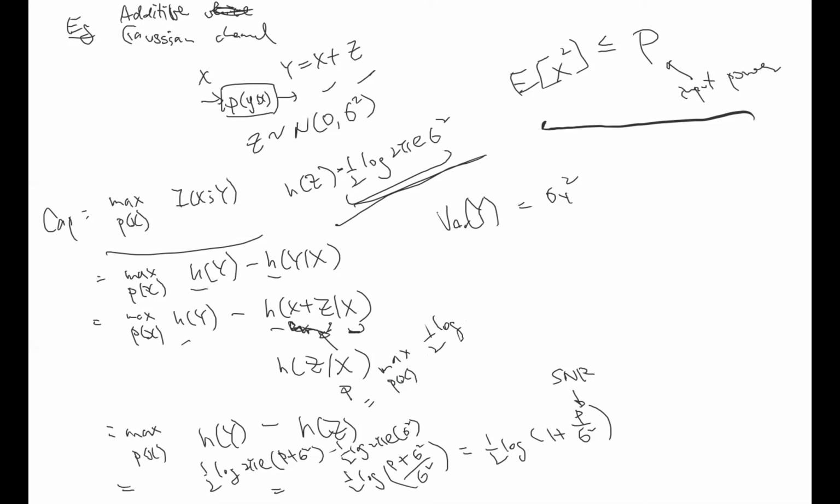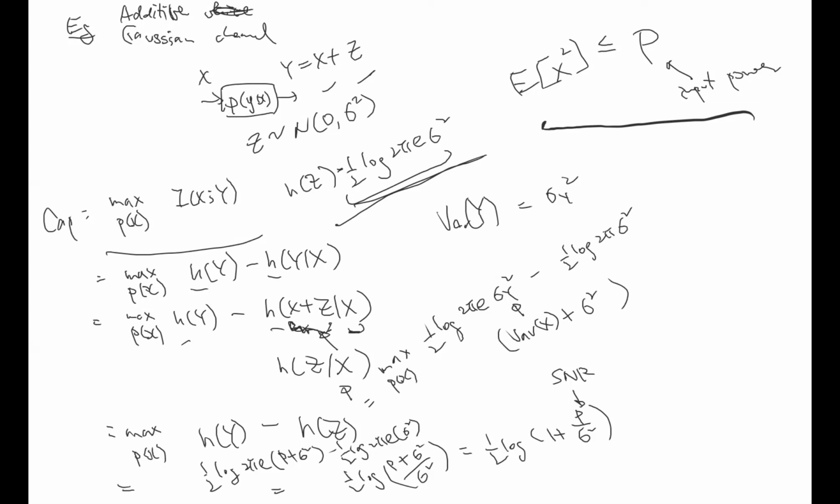Then I have 1/2 log 2 pi e sigma Y square, the variance of Y, minus 1/2 log 2 pi e sigma square. Given I also have the constraint that sigma X square is less than or equal to P, maybe I should write variance of X plus sigma square. So this is always true.